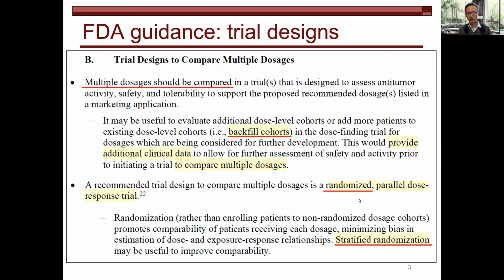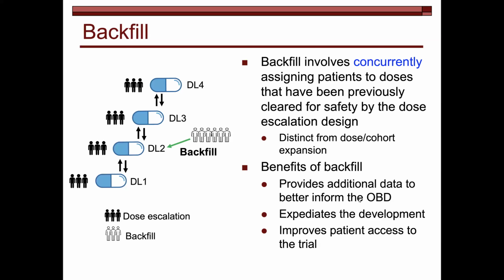I will first discuss how we can do backfill in a more principled and rigorous way to ensure patient safety and also improve trial efficiency. Then I will talk about how we can incorporate randomization into backfill. And the ultimate goal is to reduce sample size and improve trial efficiency.